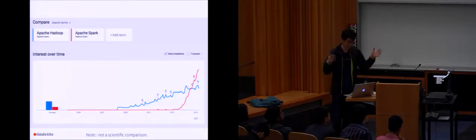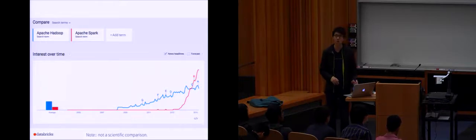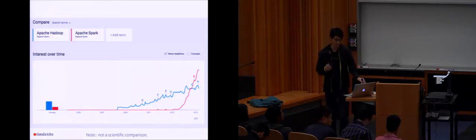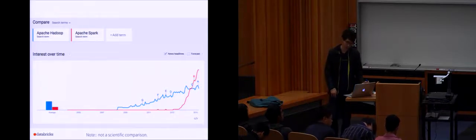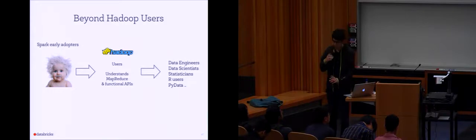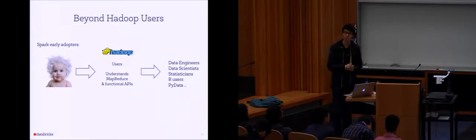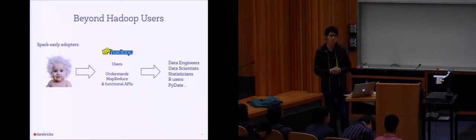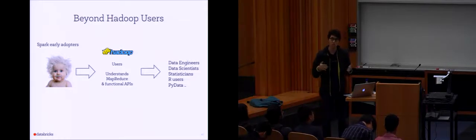So at least based on Google Trends, if you search for Apache Spark and Apache Hadoop, Spark is bypassing Hadoop as of, I think, early this year.